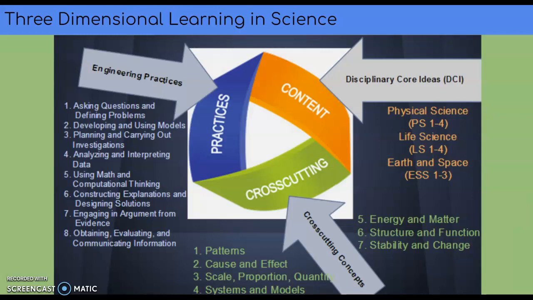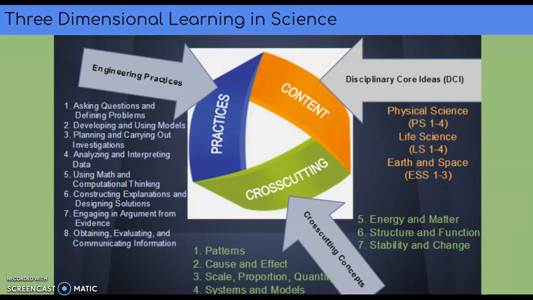The third one is cross-cutting concepts. Cross-cutting concepts refer to a set of lenses, and we look at those as 7 different lenses: patterns, cause and effect, scale, proportion, quantity, systems and models, energy and matter, structure and function, stability and change.